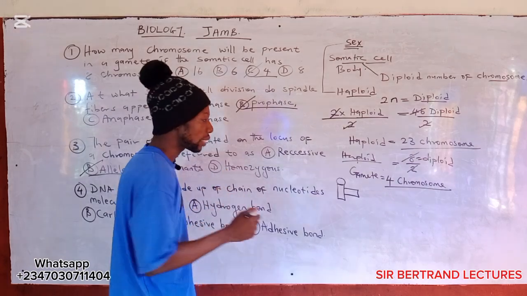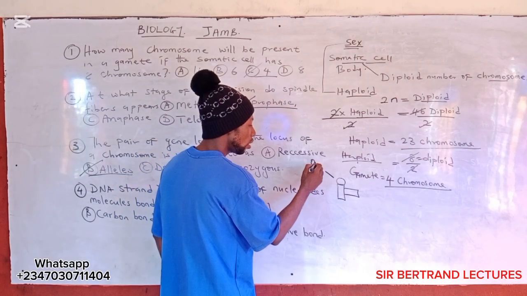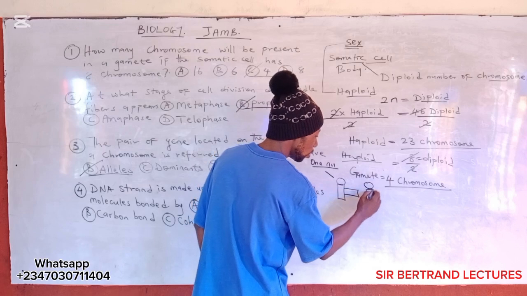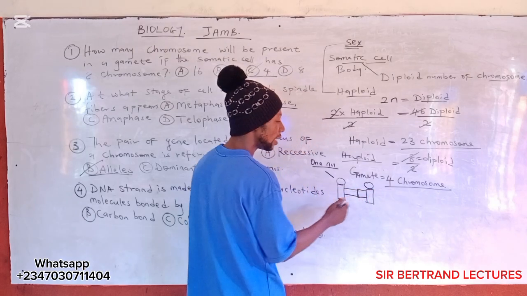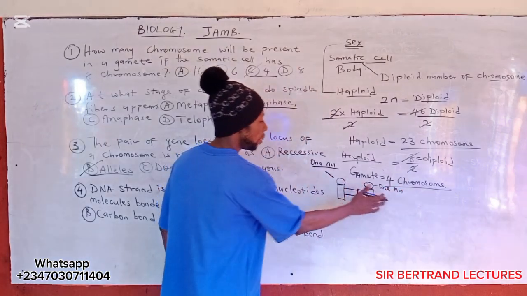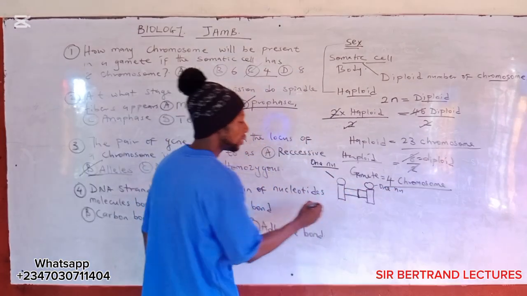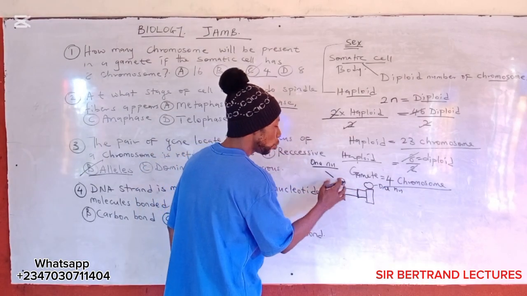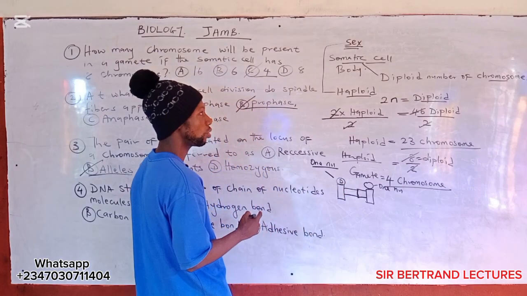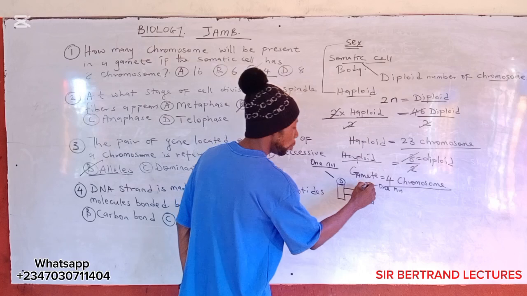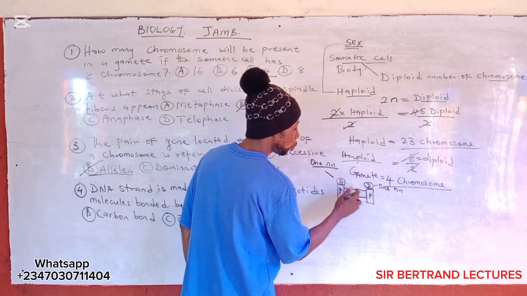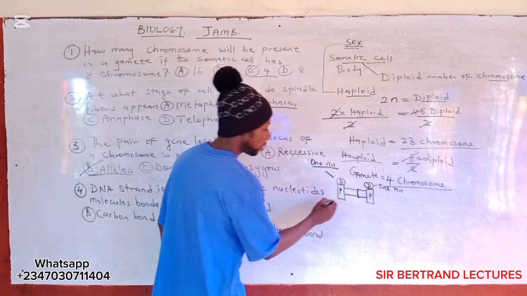DNA consists of double nucleotide. This is one nucleotide. Another nucleotide is here. This is another nucleotide. Another one nucleotide. That makes up double nucleotide. All right. Then each of the nucleotide consists of sugar, which is the deoxyribose sugar we discussed in the last video, the phosphate group, and the nitrogenous base.